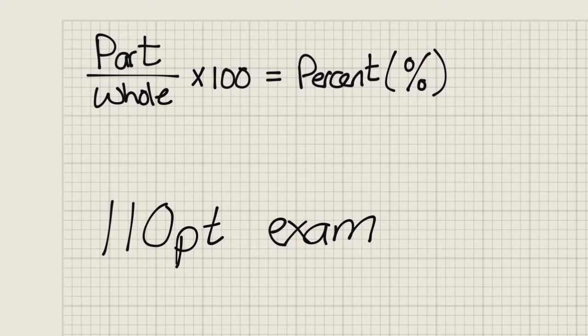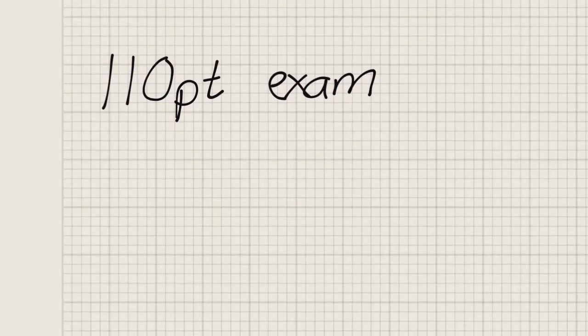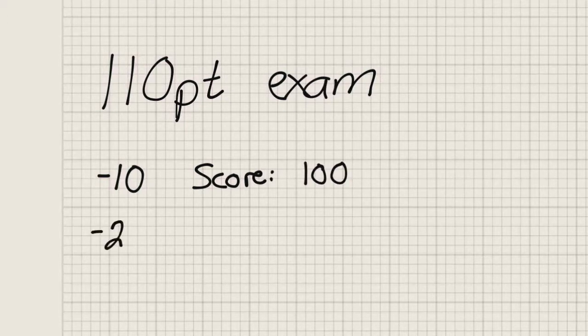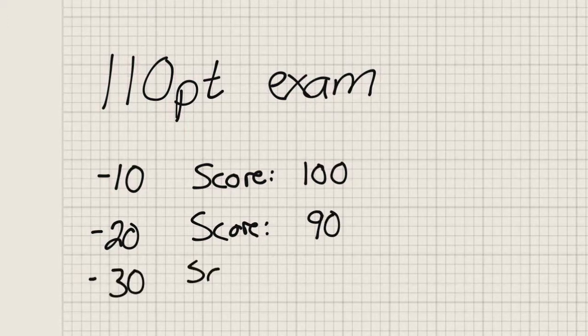So you're going to make a mini little chart and say, okay, if I got minus 10, that would be a score of 100. If I got minus 20, that would be a score of 90. And if I got minus 30, that'd be a score of 80.